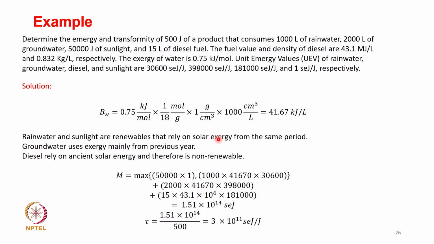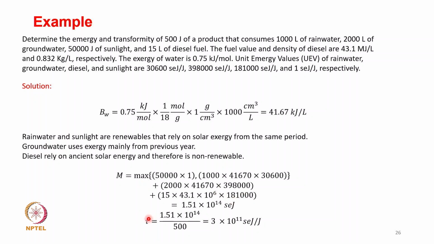2000 and the conversion factor and the corresponding exergy, and for fuel, for diesel, again 15, and you will have to use this further conversion. So the fuel value and the density of the diesel is already given, so you'll have to multiply that and also the corresponding MRP, and when you sum it across you will get the value of M, right?